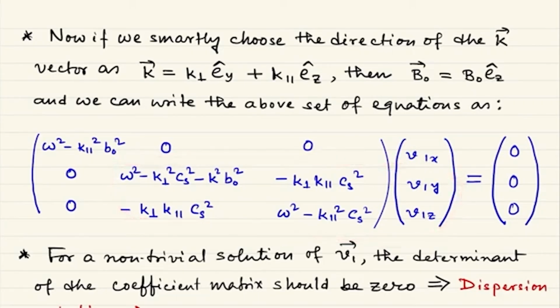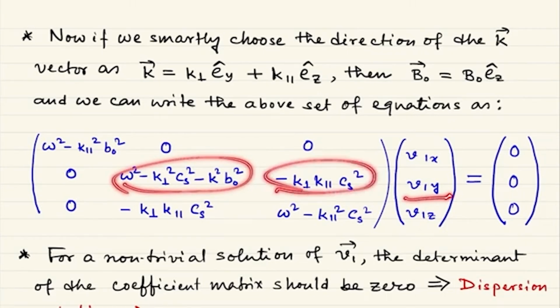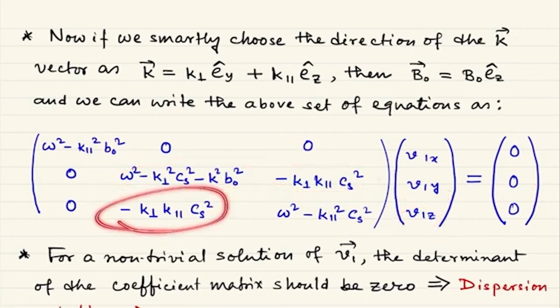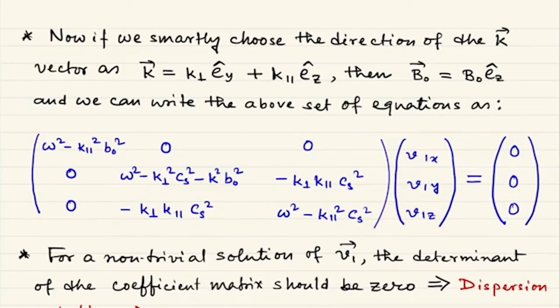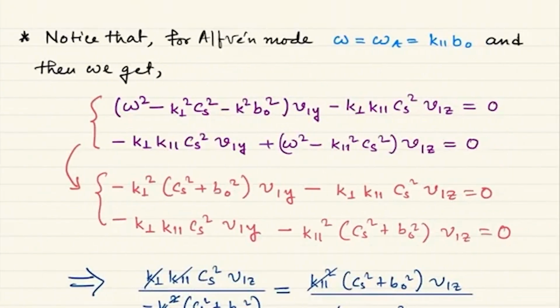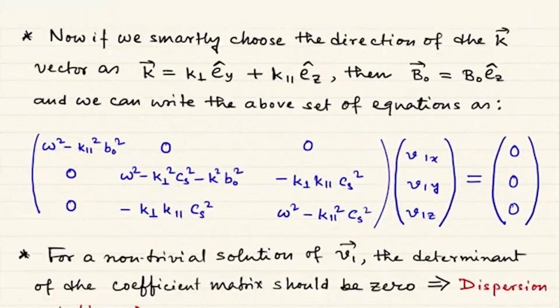Now what happens for these two equations? If you write these two equations as a set of linear equations, then you will see that this one times V1y plus this one times V1z is 0, and similarly this thing times V1y plus this thing times V1z is also equal to 0. So it is nothing but an eigenvalue problem, right?